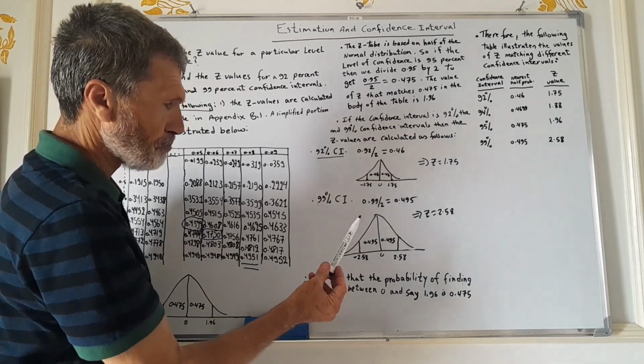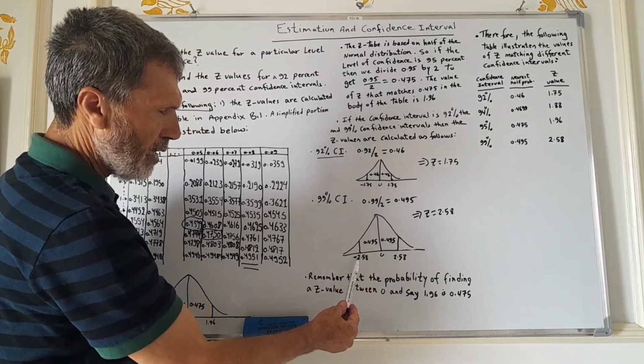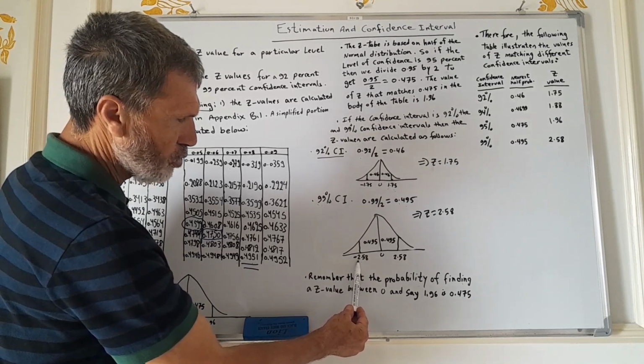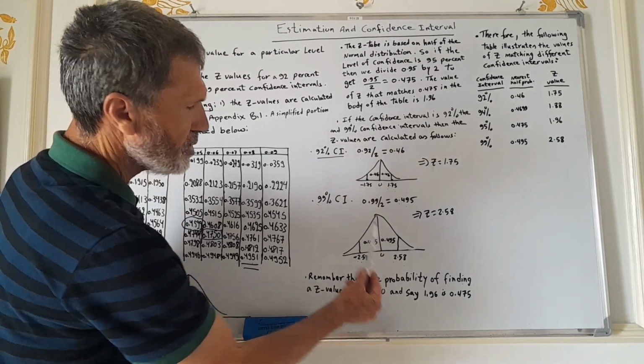Now, the probability of being between the interval minus 2.58 and 2.58 is 99%.